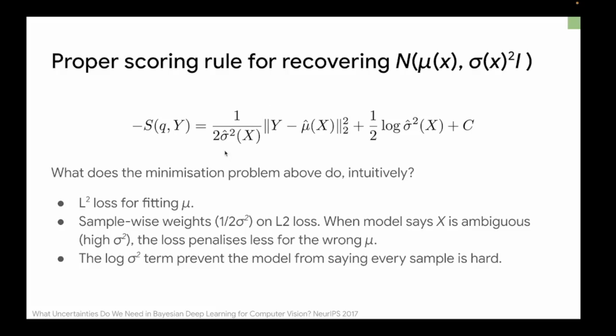Okay, that tells me that we put less weight on the L2 loss here. So if sigma is high, we know that the sample has higher uncertainty.